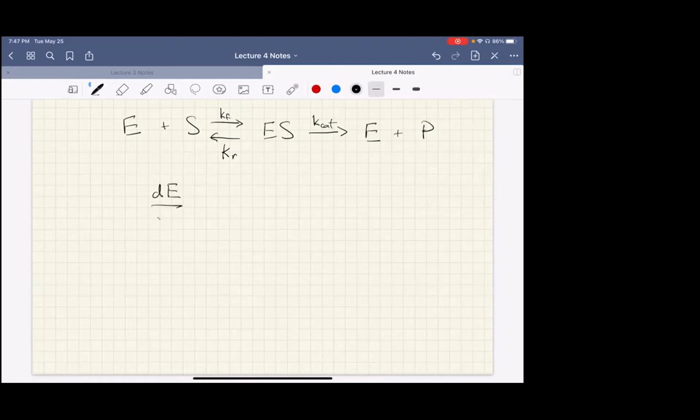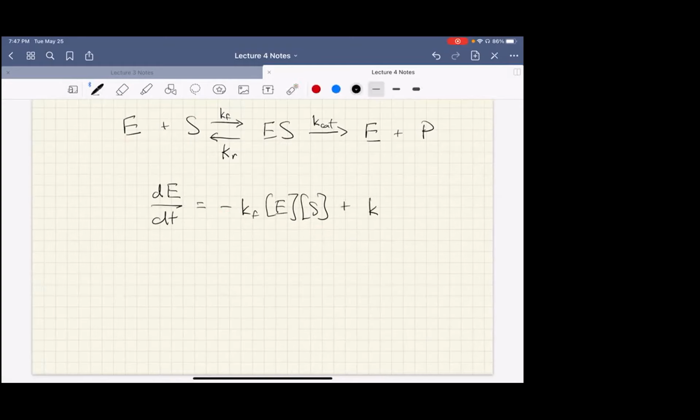Change in E. So some E is going to get plugged into ES, but the rate of that reaction is negative KF E times S. So over here, the things that react are E and S. So it ends up being E times S, KF, and a minus because E is being turned into ES. So I'm getting less E.